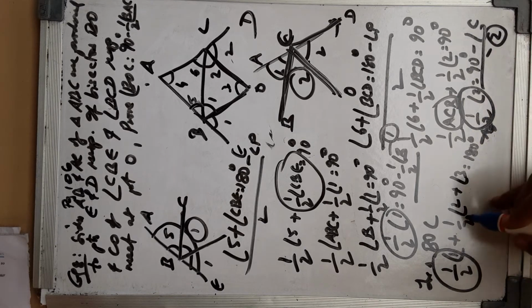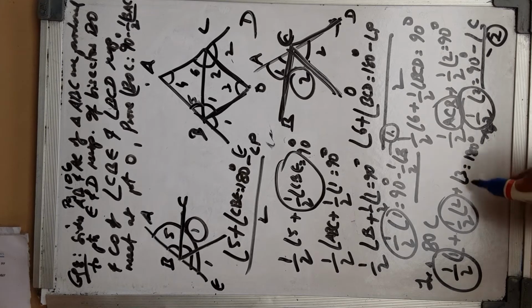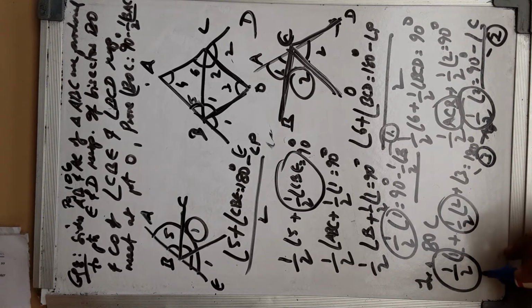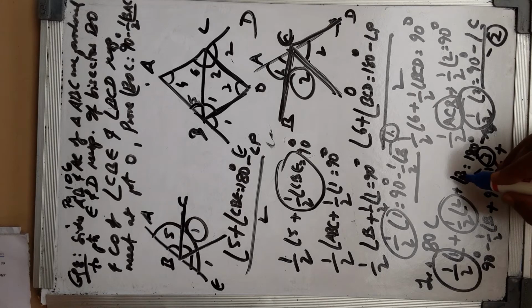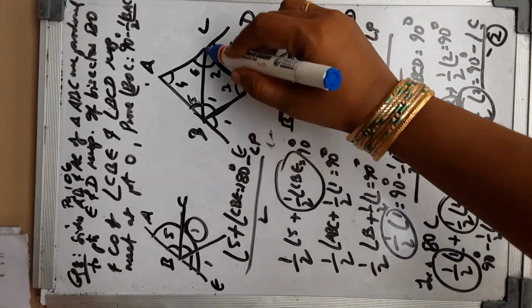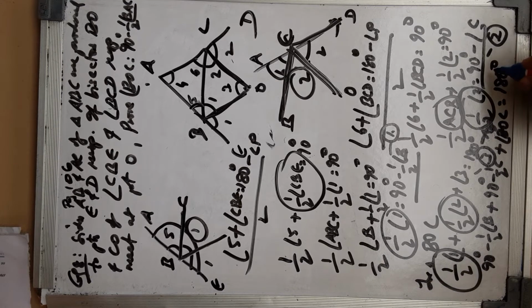So if I substitute these two values, equation 1 and equation 2, in this equation 3, I have 90 degrees minus half B plus 90 degrees minus half C plus angle 3, which is nothing but angle BOC, equals 180 degrees.